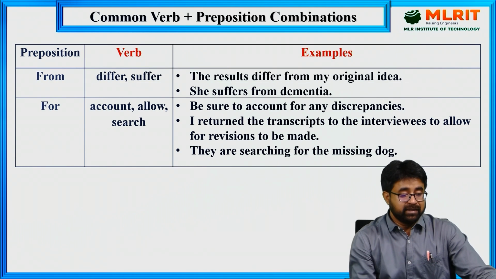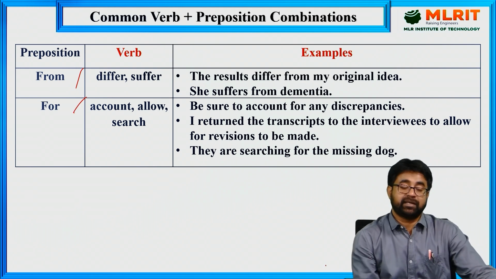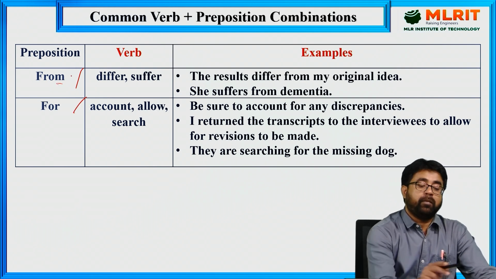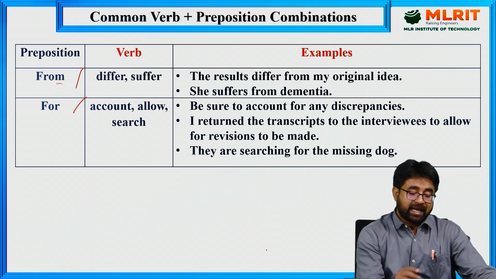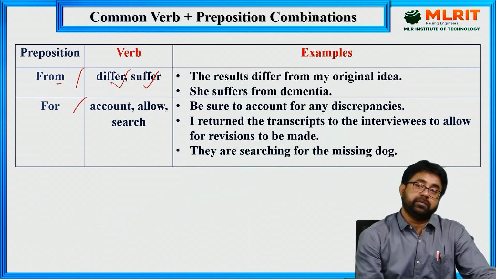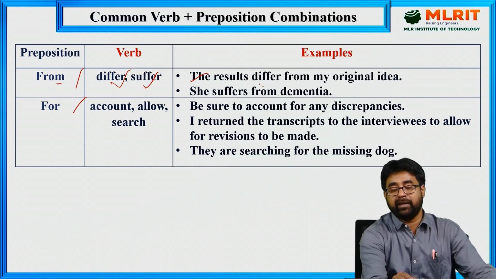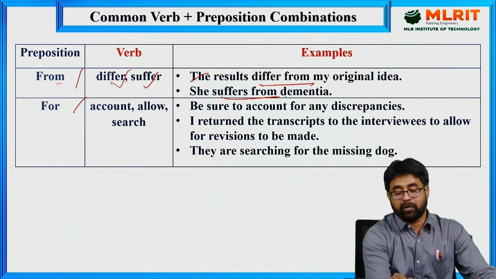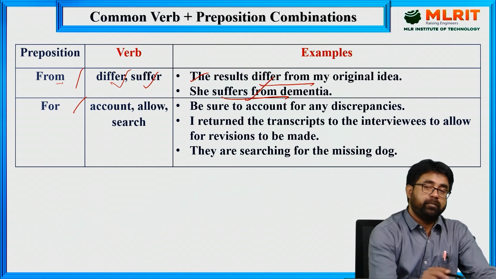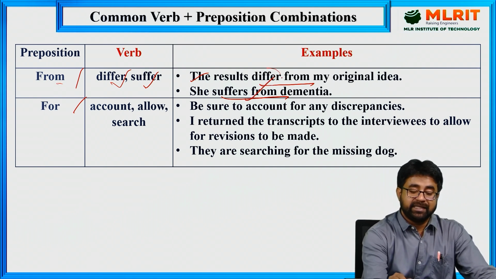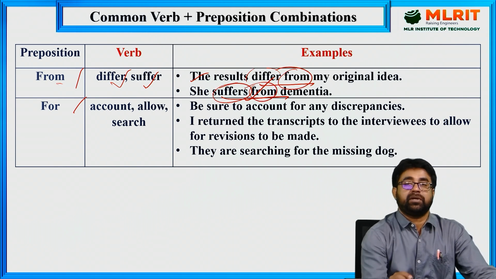Now let's see a few more prepositions used with certain groups of verbs. With the preposition from, we find these two verbs: differ from, suffer from. The result differs from my original idea. She suffers from dementia. These are common expressions, and in most cases these verbs will take this preposition only.